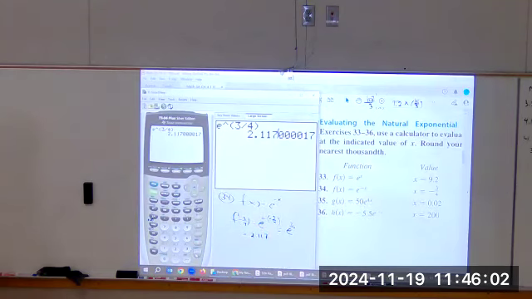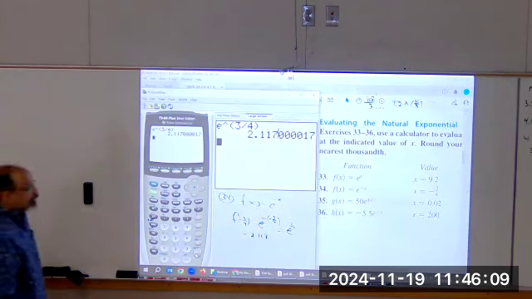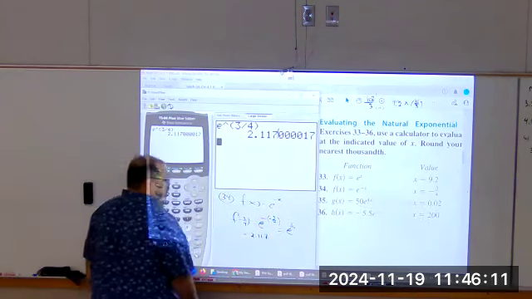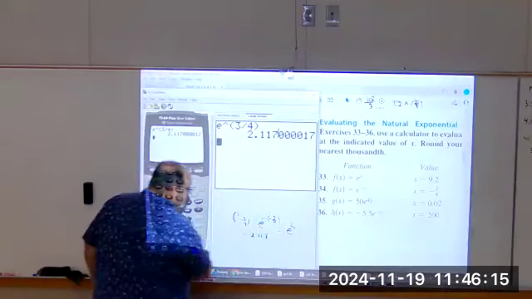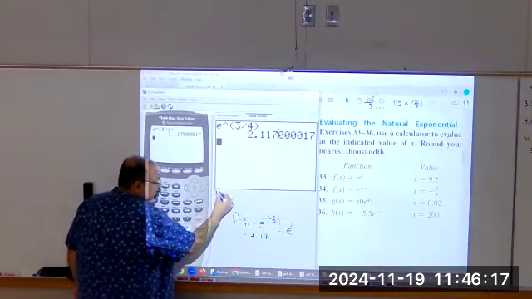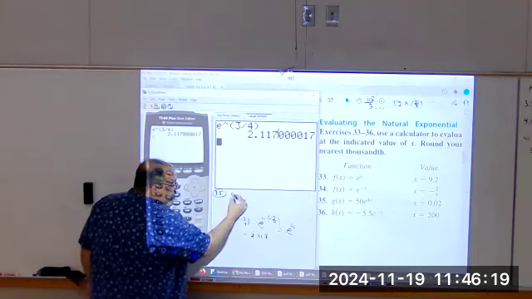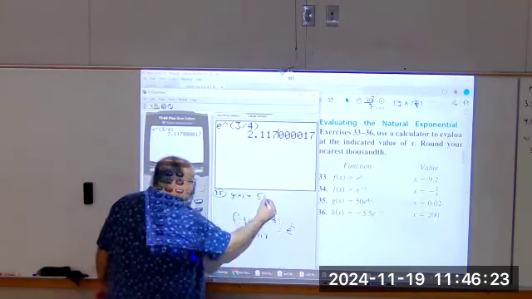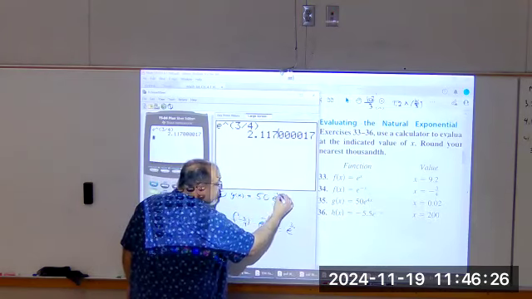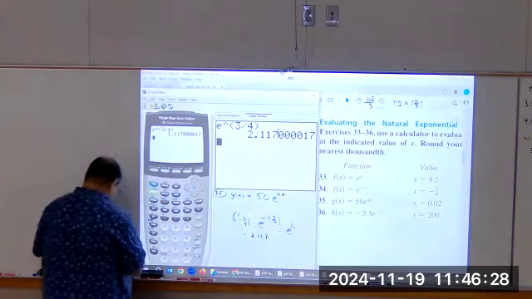That's all you're doing. That's all I want. Evaluate the function at that value. Number 35: that is 50 times e to the 4x.